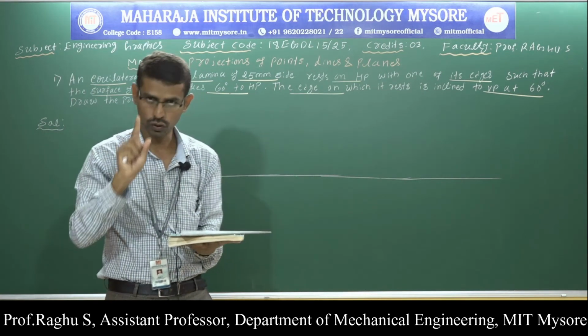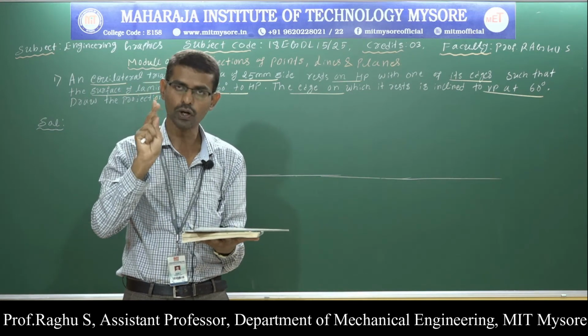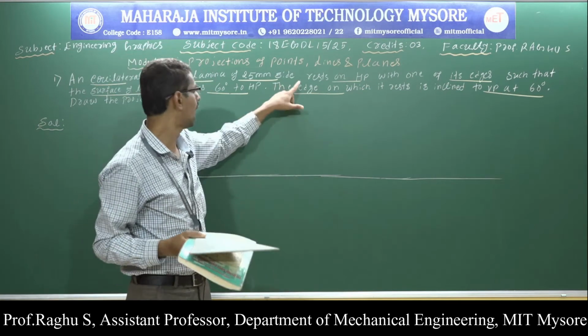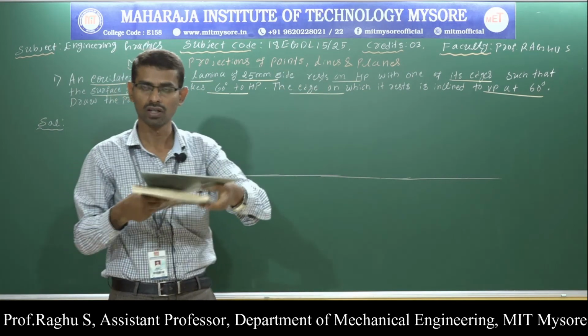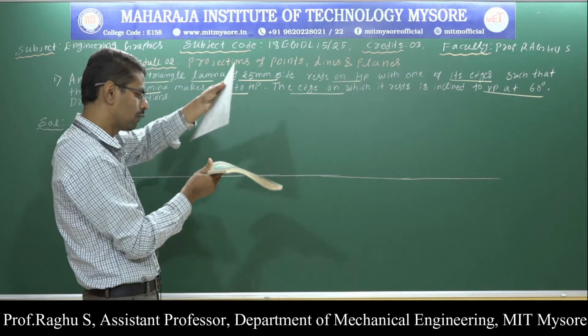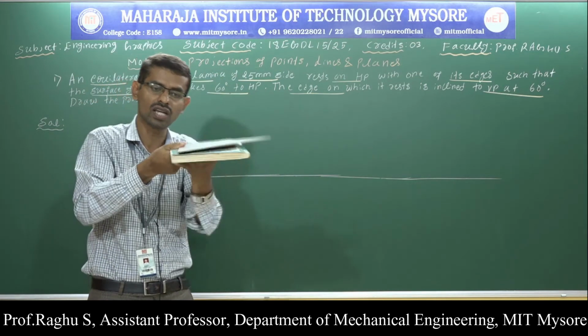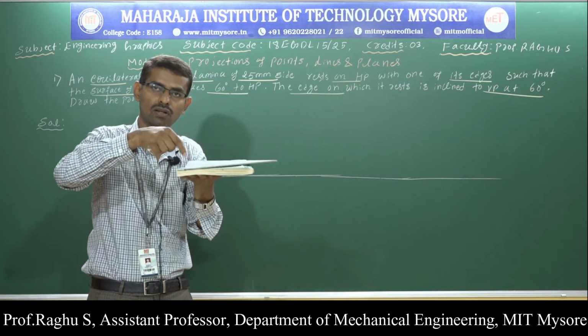Now, to draw the first position, just observe the edge inclination, edge resting condition, corner resting condition. Here the lamina is resting on HP on one of its sides. Therefore, towards your left side, place the lamina on HP such that the resting side comes towards the left side.